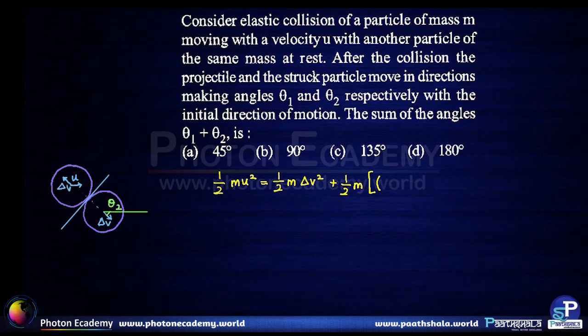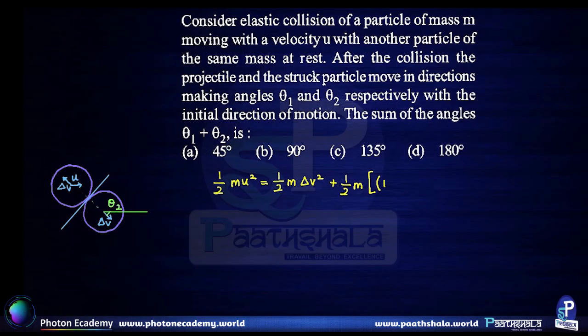To find v squared of the first particle, we can just add the squares of the velocities in the x and y directions. So the x velocity is (u minus delta v cos θ2) whole squared, and the y velocity is (delta v sin θ2) whole squared.